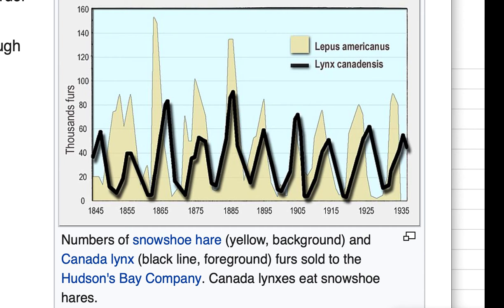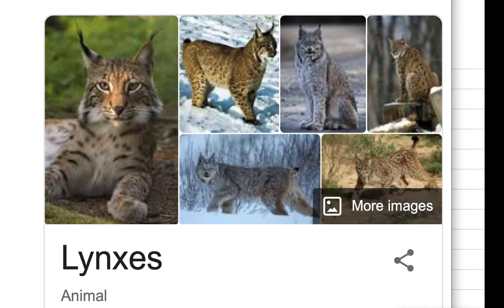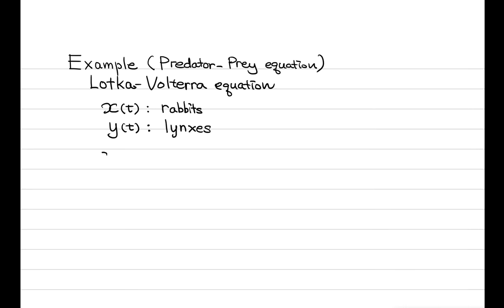And the simple governing equation is as follows. Let x of t be the population of rabbits and y of t the population of the predator, say lynx. We write that the increasing rate of the rabbit population is proportional to the population of the rabbit, possibly without the presence of the lynx.